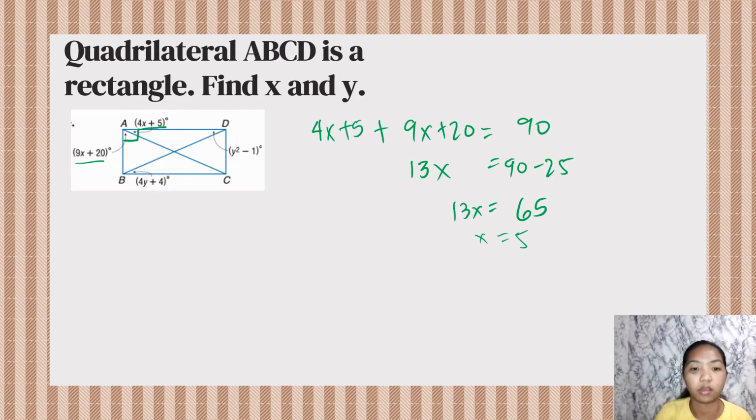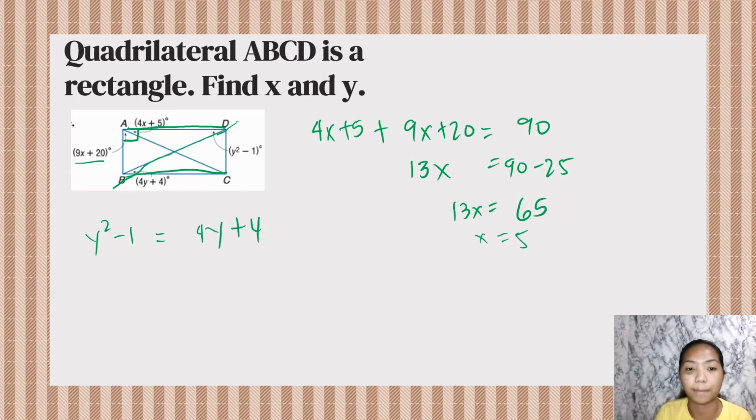Next, for our y, we have the measure of ADB equal to y squared minus 1, and our DBC equal to 4y plus 4. Since AD and BC are parallel lines, this diagonal, if we extend the line, cuts the parallel lines as a transversal, so we can say that angle ADB, y squared minus 1, is equal to angle DBC, 4y plus 4.